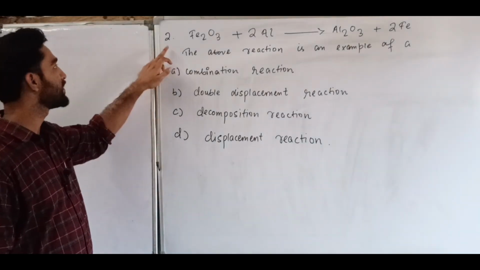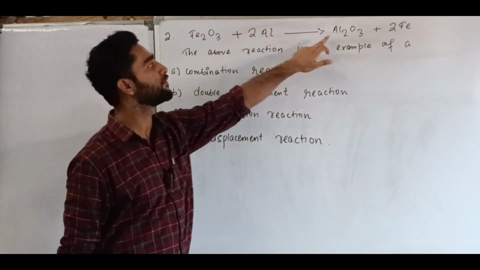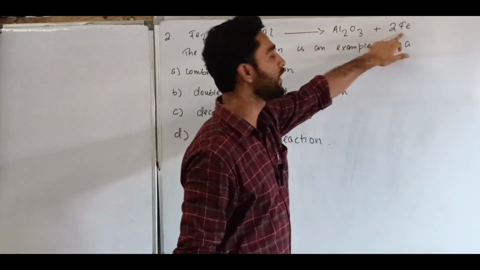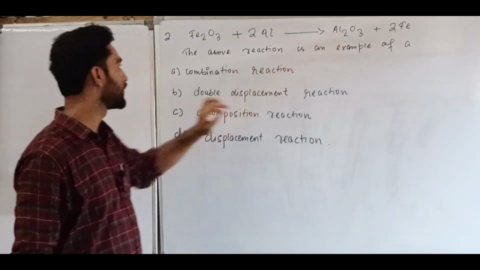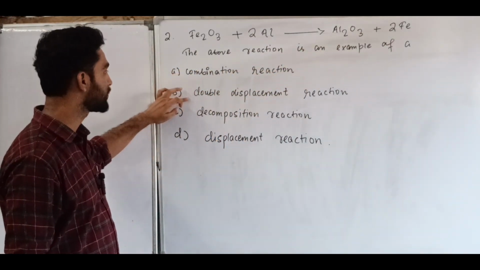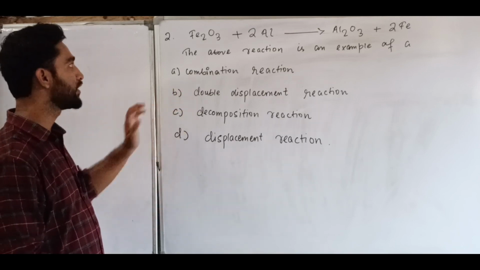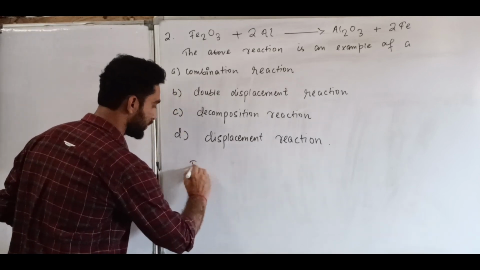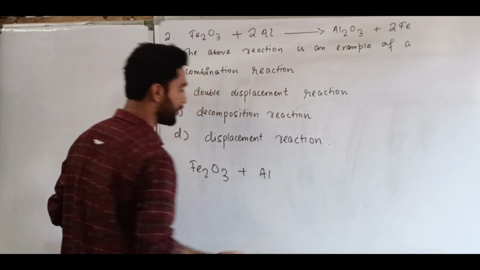Okay, now let's see question number 2. Iron oxide reacts with aluminium. They form aluminium oxide and iron. The above reaction is an example of a combination reaction, double displacement reaction, decomposition reaction or displacement reaction. Here clearly we can see the iron oxide reacts with aluminium.